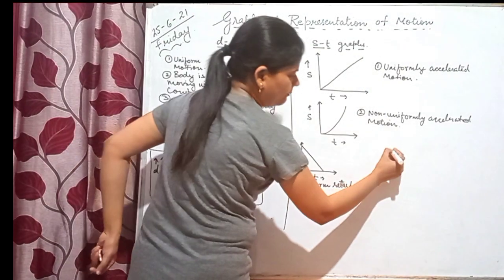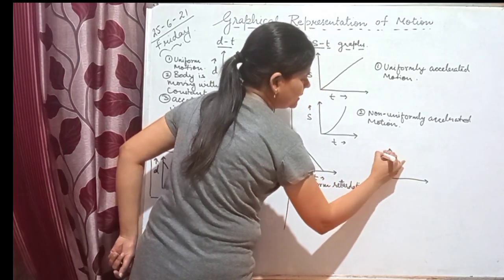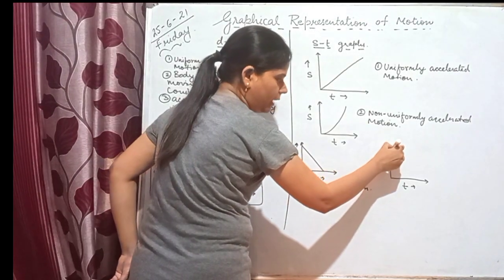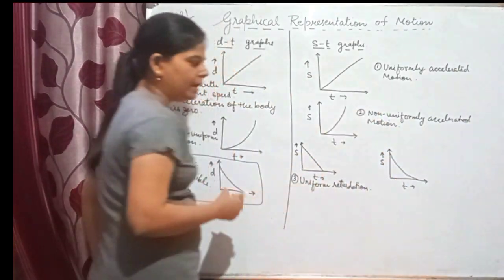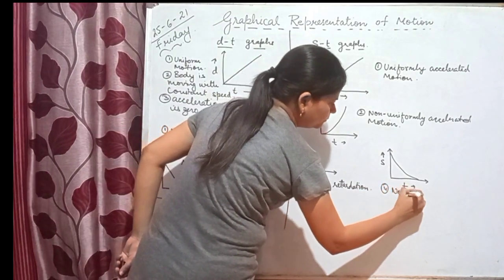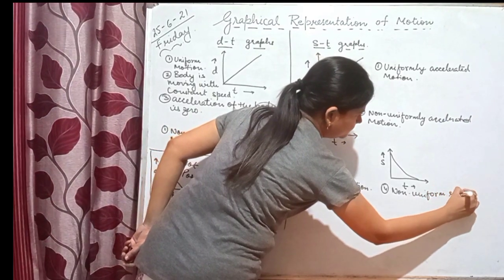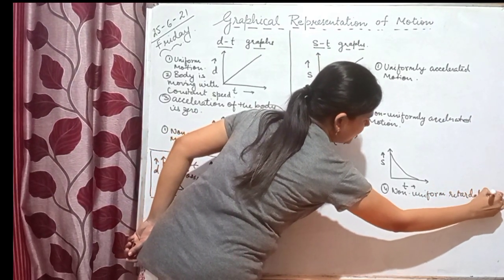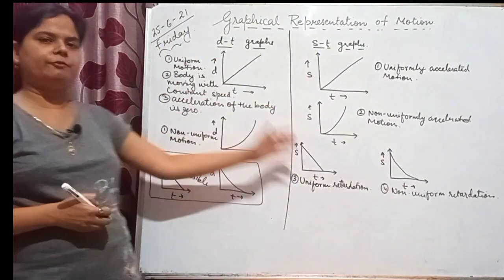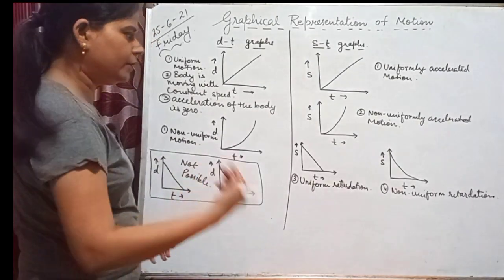And in case we have a speed time graph like this, with a graph coming down in a curved way, that represents non-uniform retardation, or you can say non-uniformly retarded motion, right? So this graph is showing that the body is having non-uniform retardation.